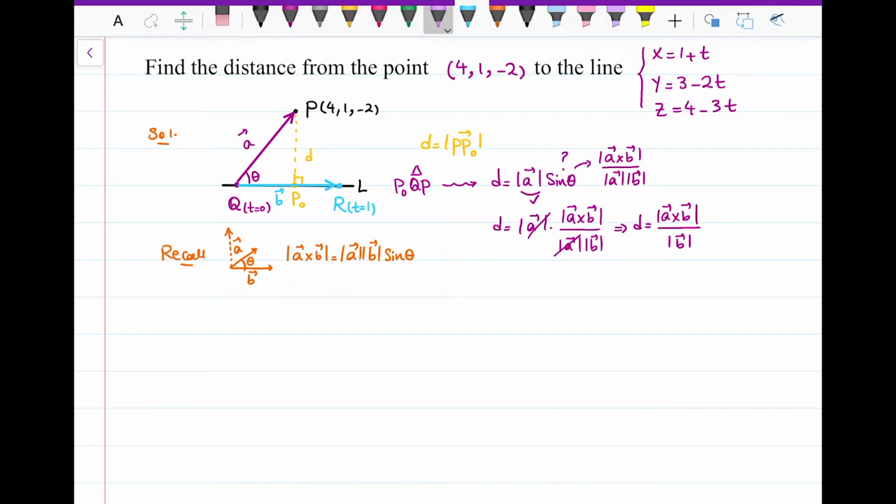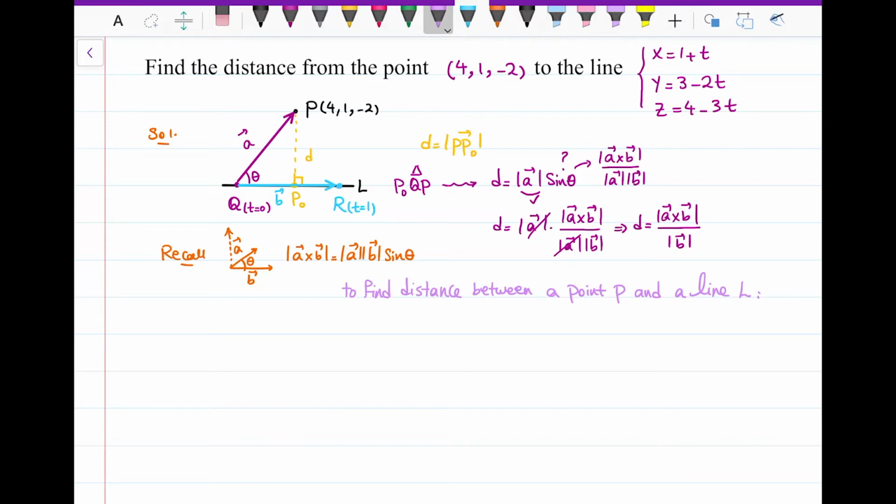So I have a general formula to find the distance, actually let me call it between, a point P and a line L.